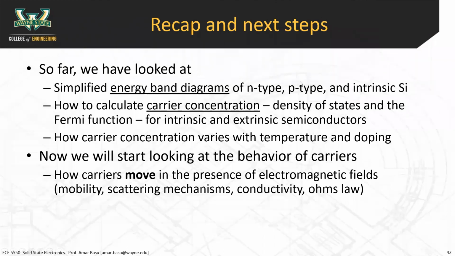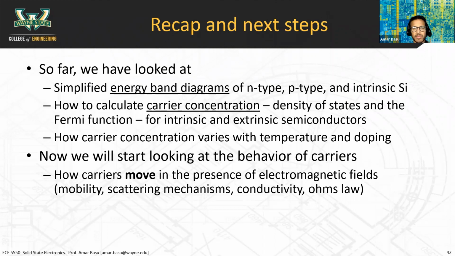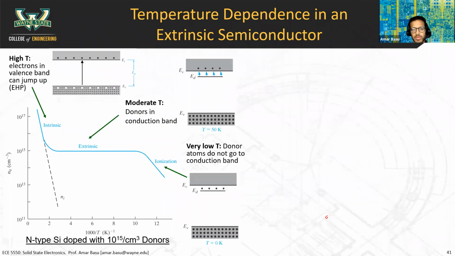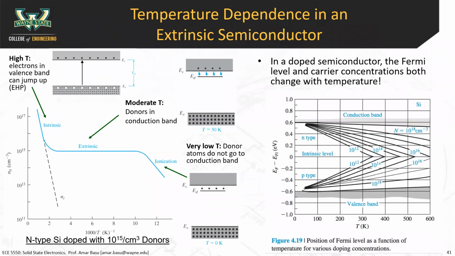I have a question for you. Sure. I'm just more so curious. A few slides ago, we were talking about the ionization, the extrinsic. This one? Yeah, as the temperature goes up. Let's say as the temperature approaches something like infinite, and we were saying that atoms, theoretically, have an infinite amount of states that they can fill.